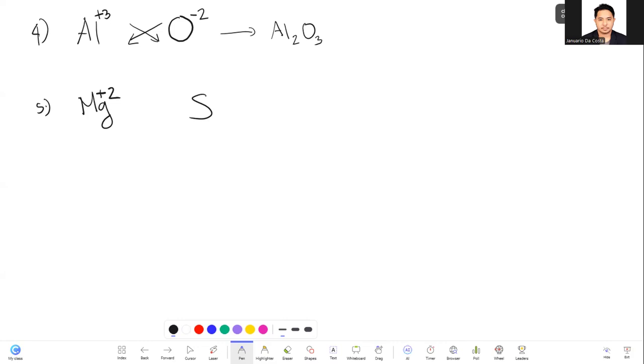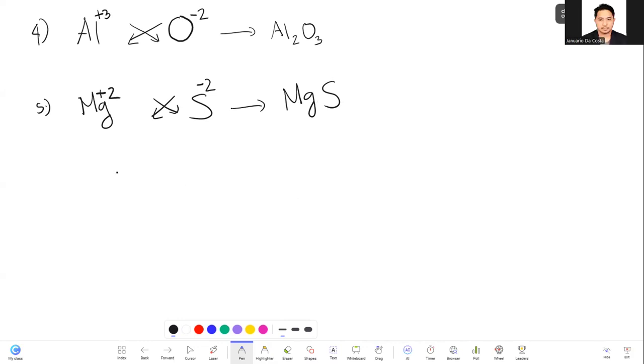What is the group of sulfur? Group 6A, the same as oxygen. So it needs to gain 2 electrons, negative 2. Which one is it? MgS.